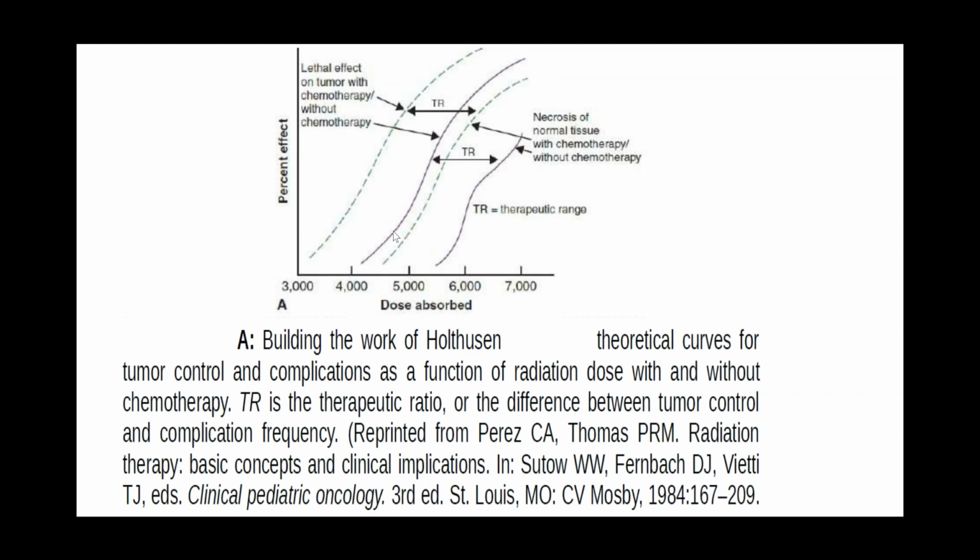This was the graph of tumor control when there was no chemotherapy given. When chemotherapy was given, the graph shifted to this side. At lower doses, we were getting better control. But a similar thing happened for normal tissue as well. When we were not giving any chemo, the complication rate for normal tissue was here. But with chemo, we were getting more normal tissue complications as well. Over here, you can see it.